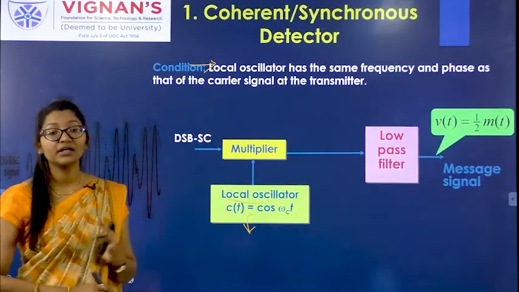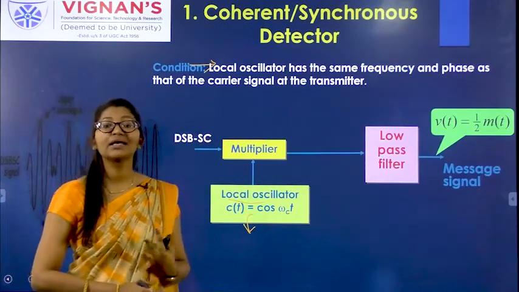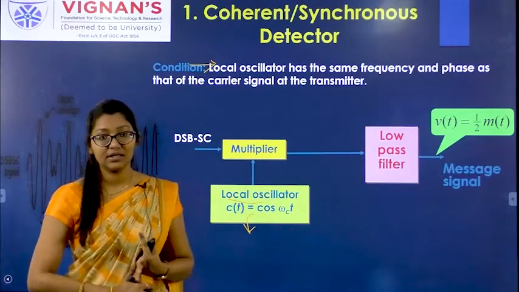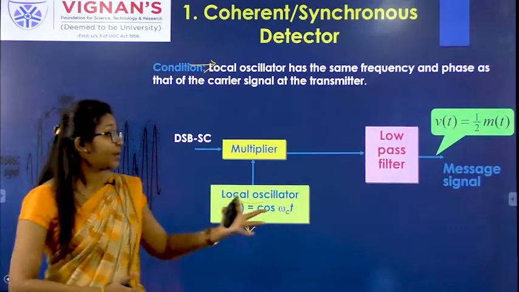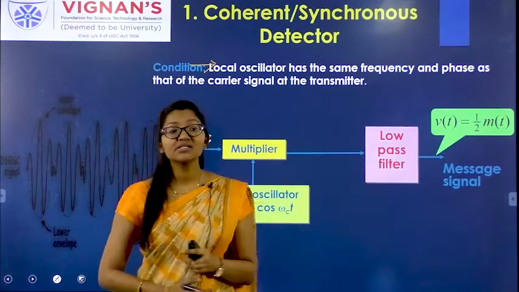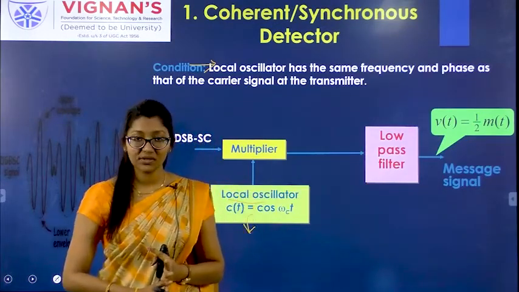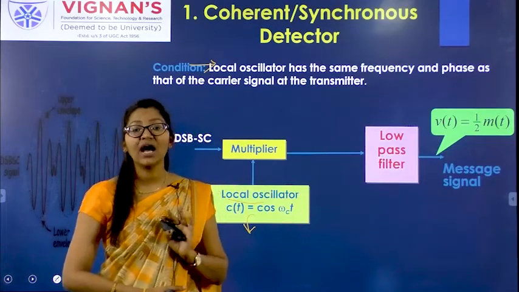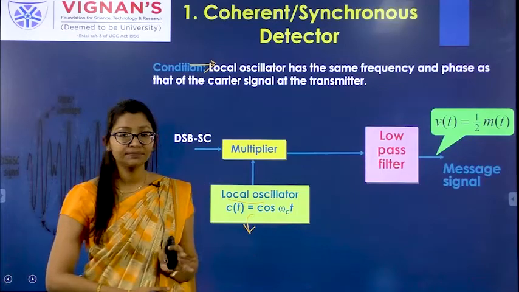So actually on the generation side we are taking a band pass filter, and for the detection side we are taking a low pass filter. Why? Because a low pass filter will pass only the low frequencies. Low frequency means we need only the message signal. We don't want any high frequency signals, right?